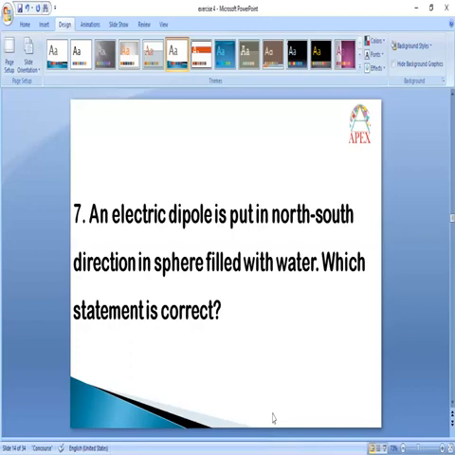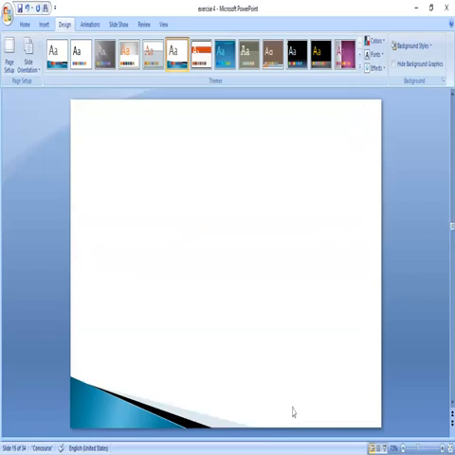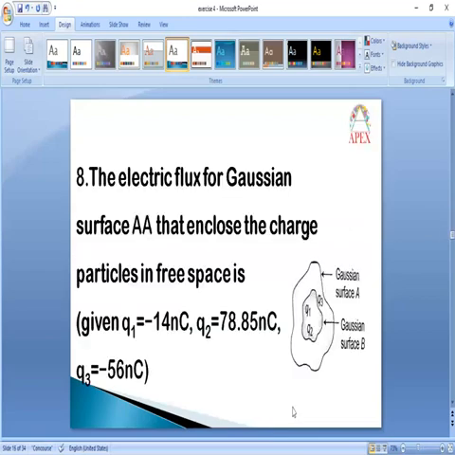Dipole means it is the configuration of two equal and opposite charges separated by a fixed distance. That means total charge of the dipole will be q minus q will be 0. Hence, even the dipole is placed inside anything, definitely finally the flux will be 0 only, since the total charge is 0.